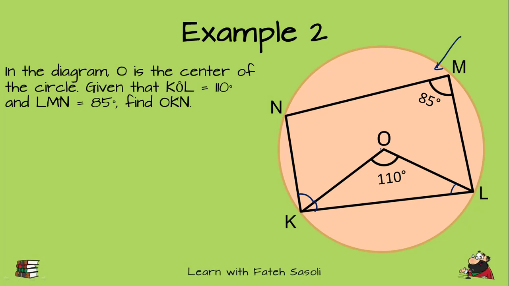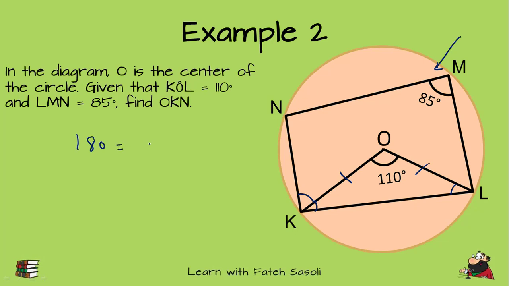We see that line OK is a radius since it's extending from the very center of the circle, and line OL is also a radius, which means they're equal in length and they're equal angles, which would mean the sum of a triangle is always equal to 180 degrees.